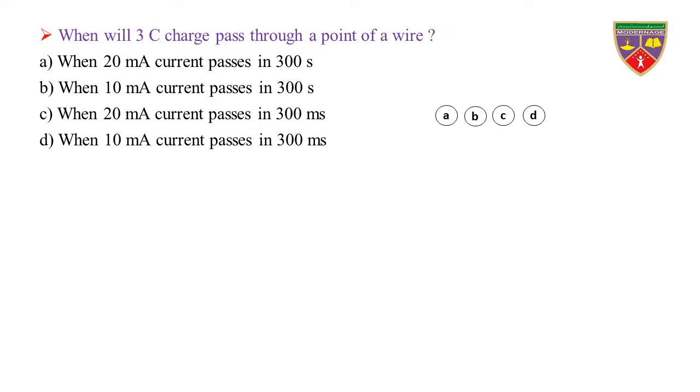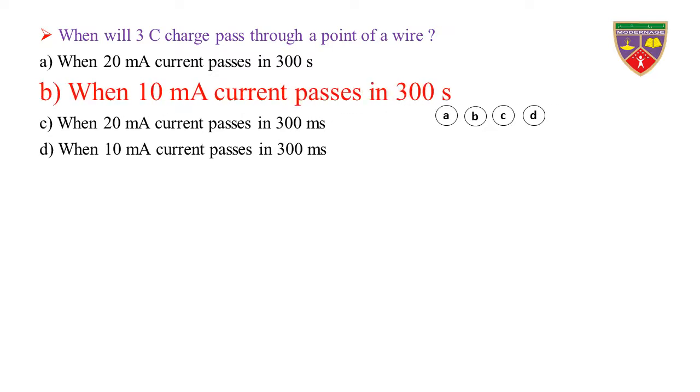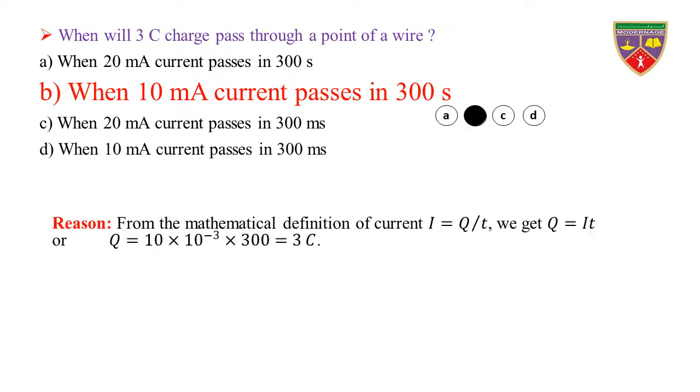Option D, when 10 milliampere current passes in 300 milliseconds. The key is when 10 milliampere current passes in 300 seconds. Therefore, option B is correct.